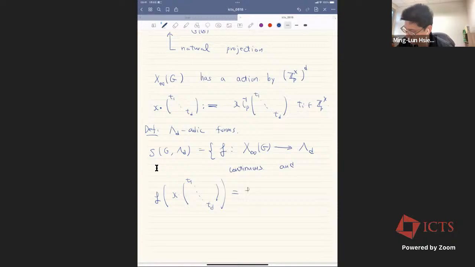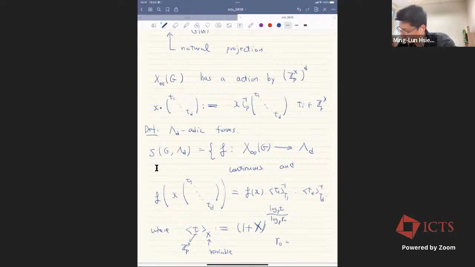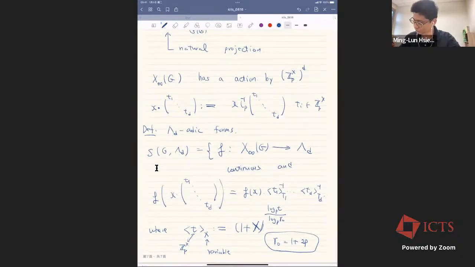I also need the torus action on this via particular characters, where t^X is defined to be, with X a variable and t an element in Z_p^×, (1+X) to the power log t over log γ_0. So γ_0 will be 1+p, or 1+2p, in this talk.